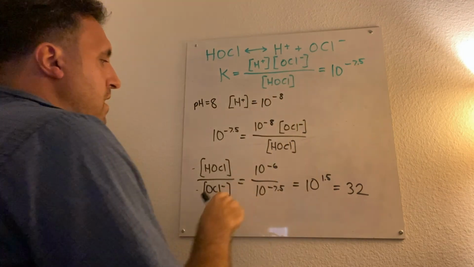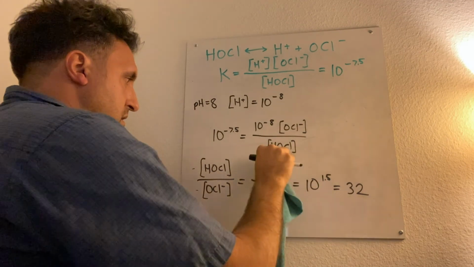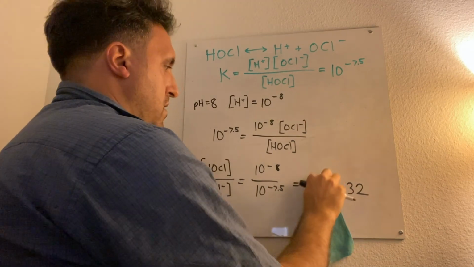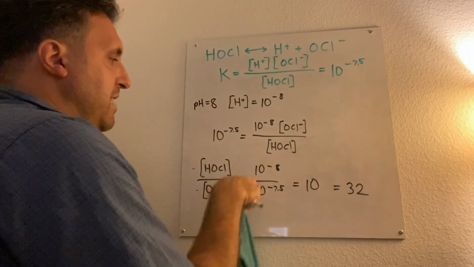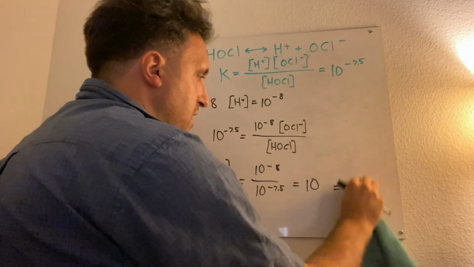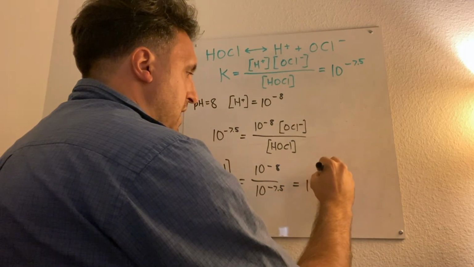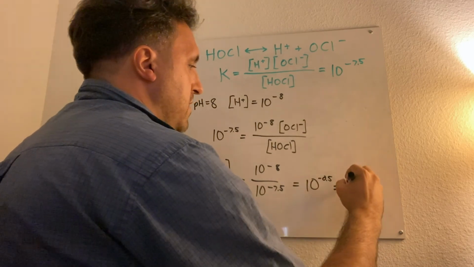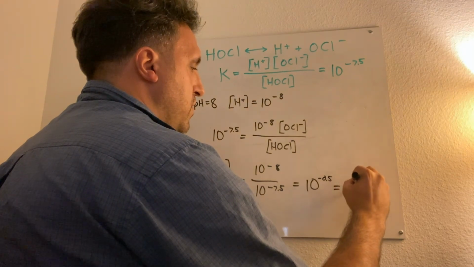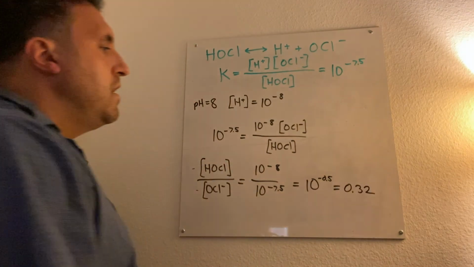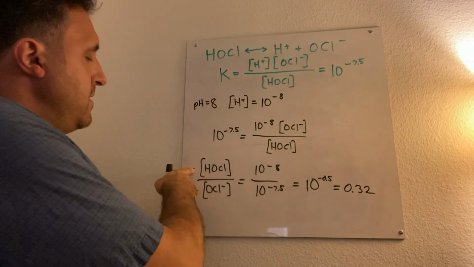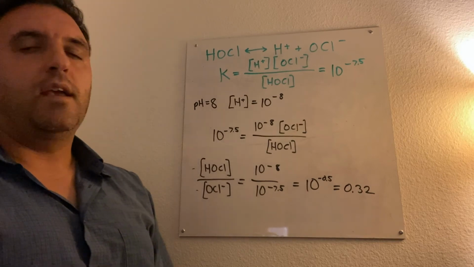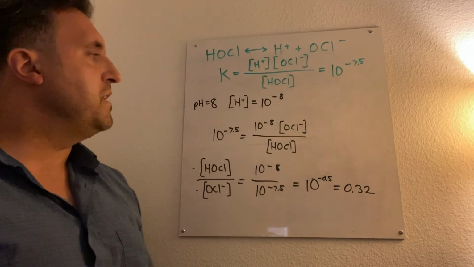And our equation becomes 10 to the negative 8th divided by 10 to the negative 7.5, which is equal to 10 to the negative 0.5, which is equivalent to 0.32. So at pH 8, there's less hypochlorous acid than there is hypochlorite ion. And disinfection under that scenario would be less efficient.